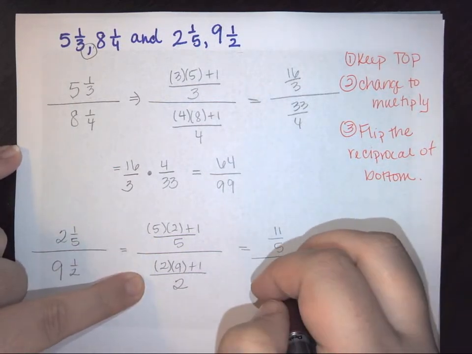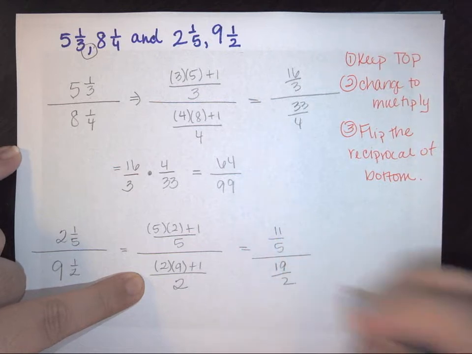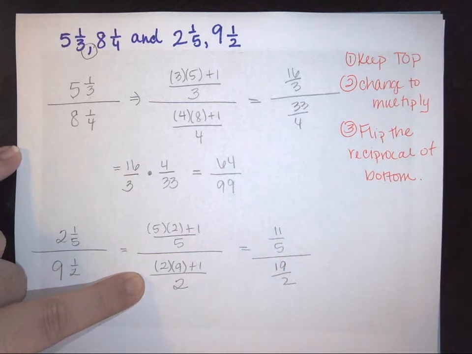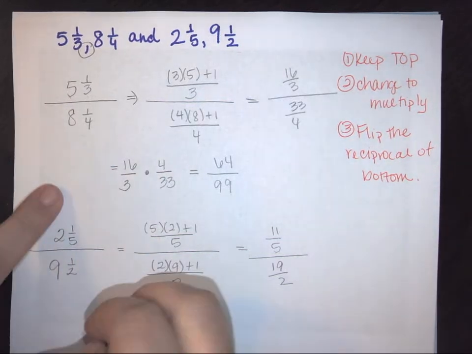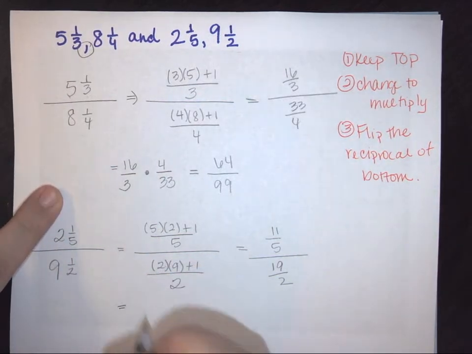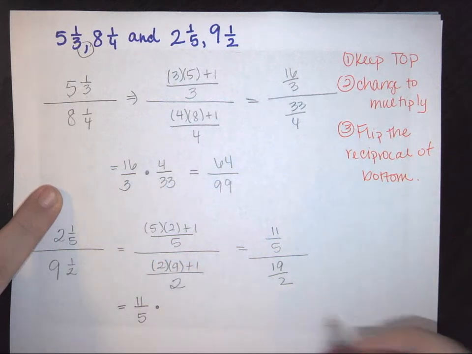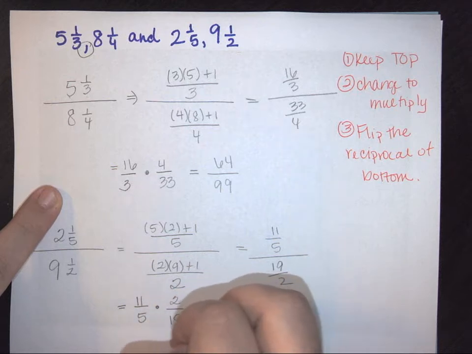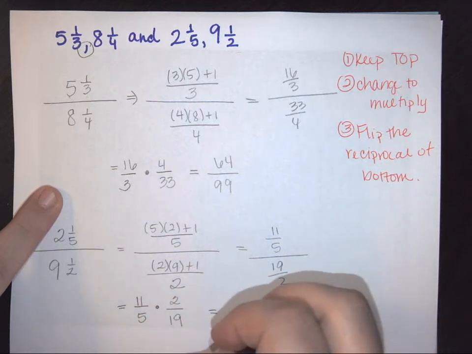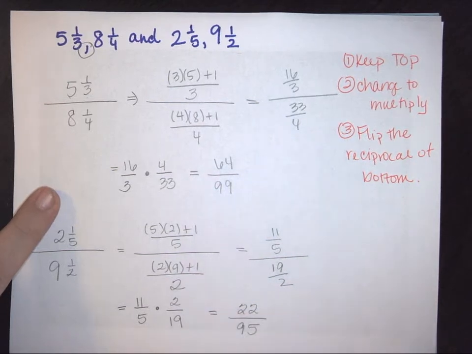And do the same to the bottom, and you end up with 19 over 2. Again, we're going to keep it and change it, so this becomes 11 over 5, change to multiplication, and then 2 over 19, which becomes, through multiplication, 22 over 95.